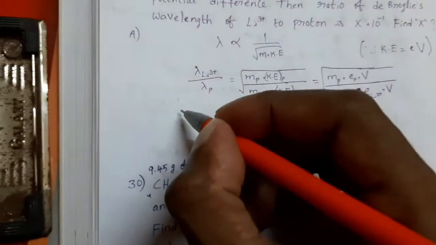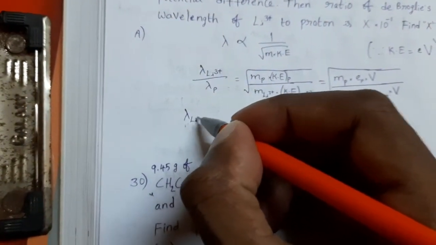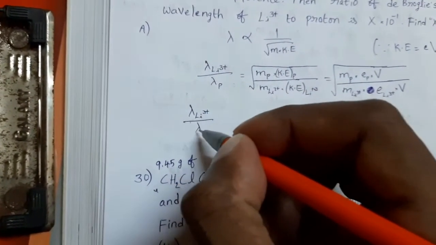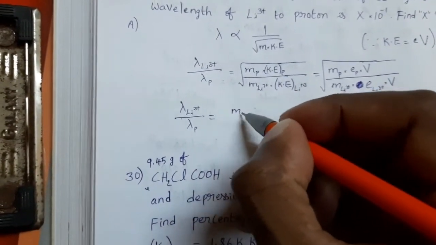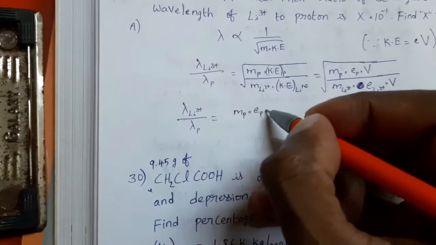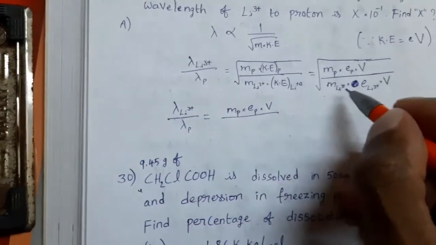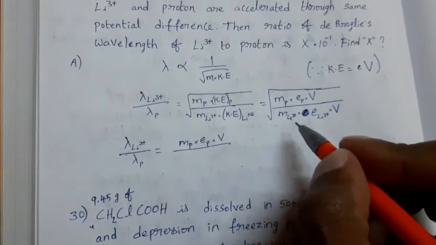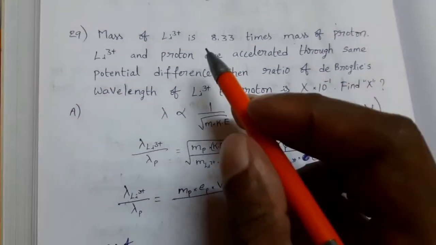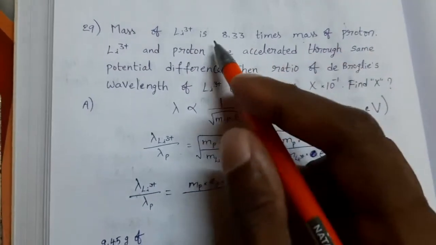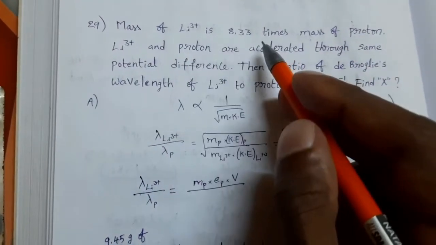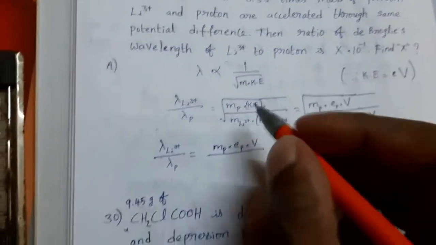Now wavelength of Li3+ ion divided by wavelength of proton equals mass of the proton into charge of the proton into potential difference divided by, here there is a relation between mass of Li3+ ion and proton. Its mass is 8.33 times the mass of proton.